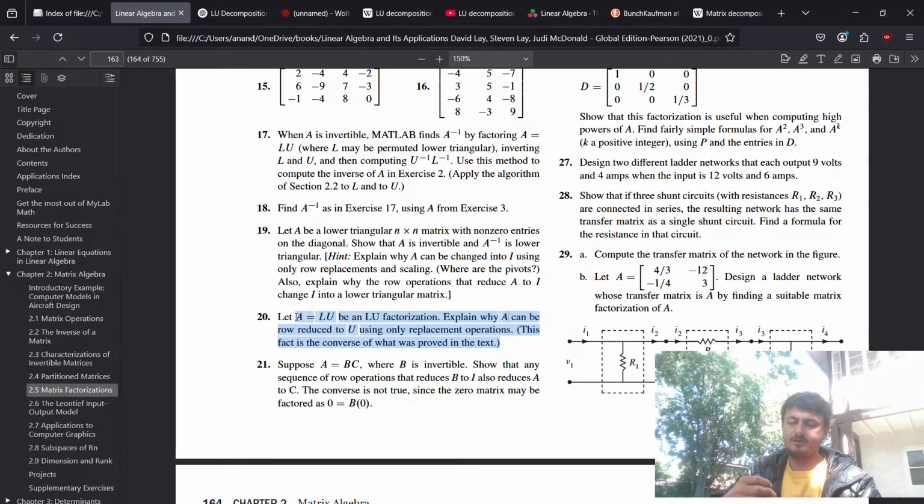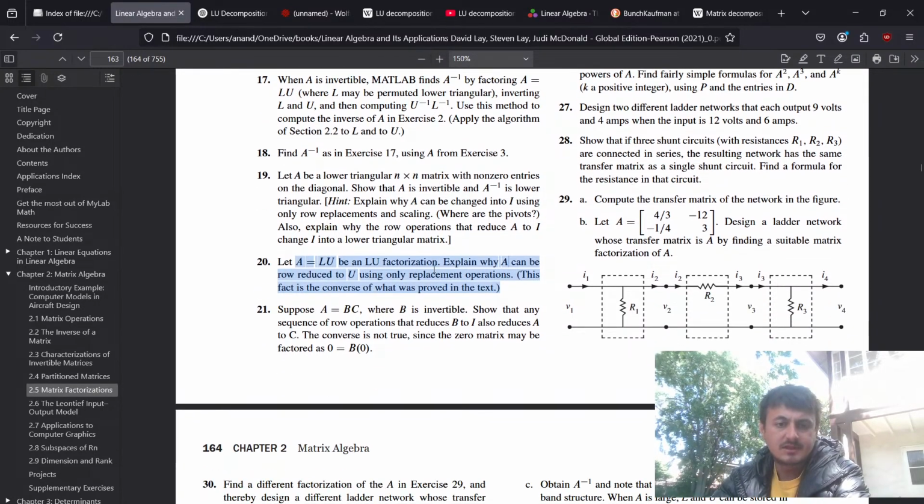These proof ones may be good. I don't know. Suppose A equals BC, B is invertible.